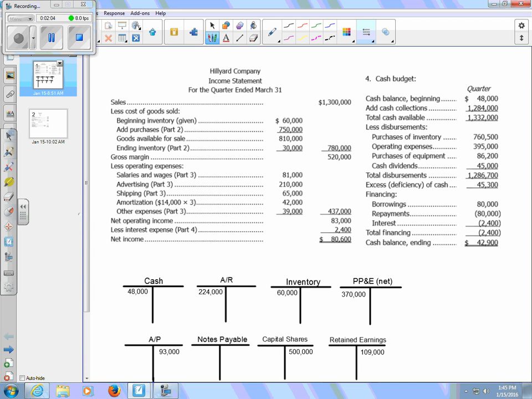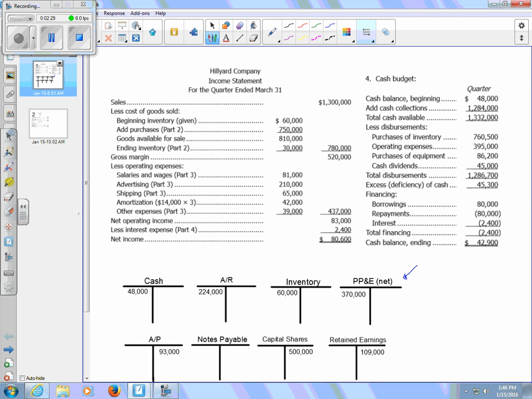Now, with the balance sheet for this specific company, there were numbers at the beginning, so this is not a budget for a brand new company. This company already had balances in the asset and liability accounts, so you can see that in the T account. So that's what those opening numbers are. They're opening balances in those particular accounts.